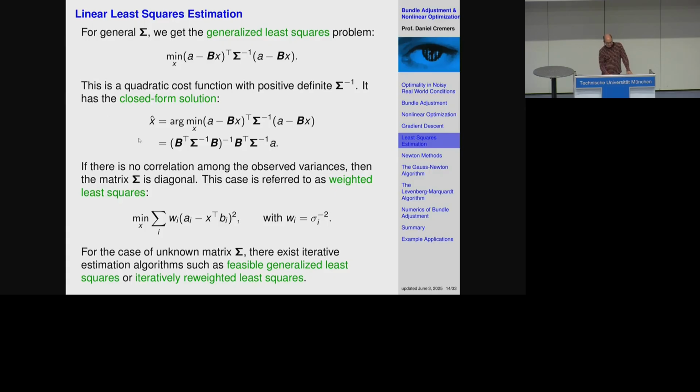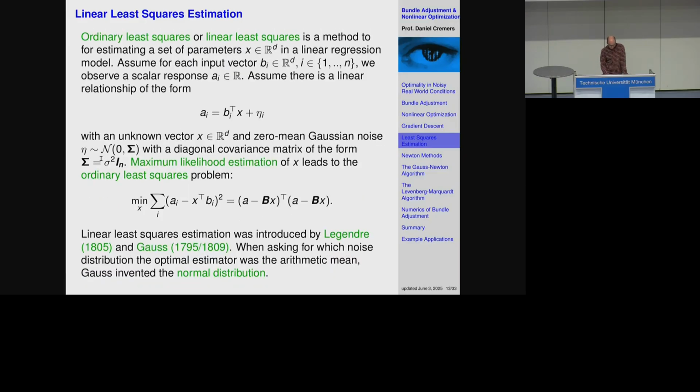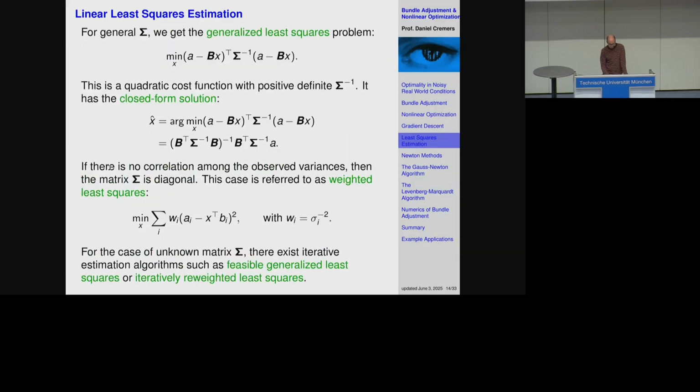If there is no correlation among the observed variances, then the covariance matrix is diagonal. So this would be the case that we had here with a diagonal covariance matrix. Then typically this problem is called weighted least squares.